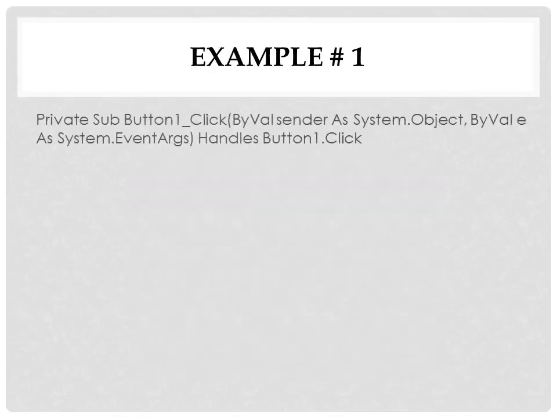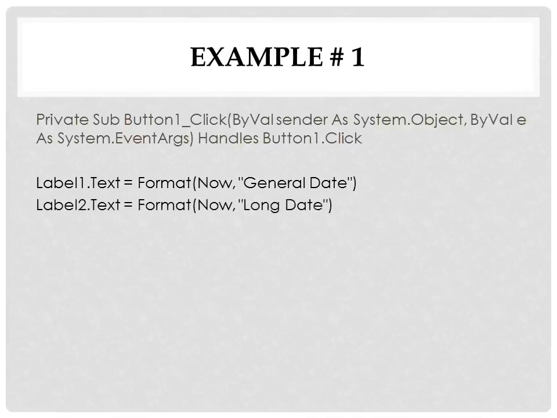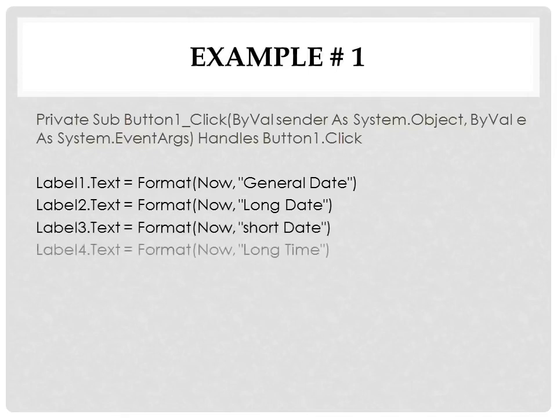Let's have the program. First, of course, we have our first label, and the format of our first label is general date. So format now general date. The second format is a long date, third, fourth, and fifth.